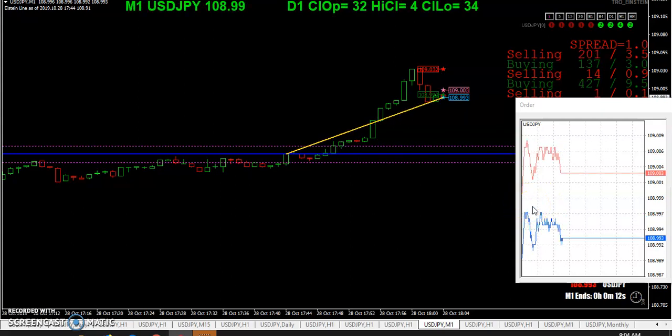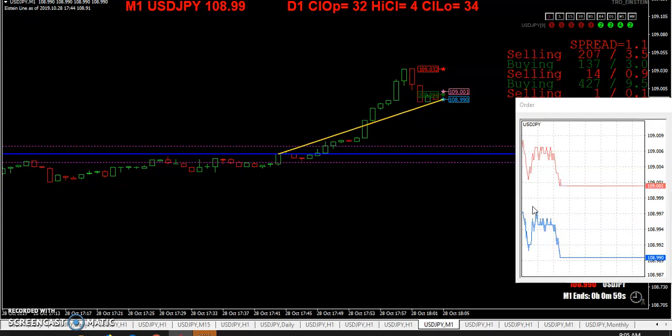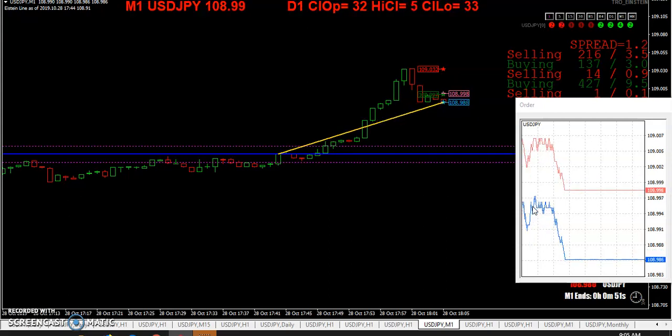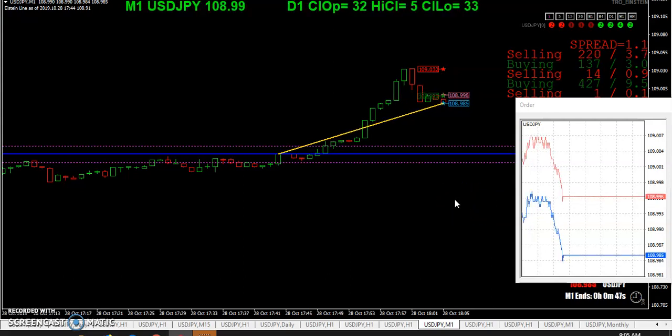And to me, that's key. It's telling me something. It's almost as if they're tipping their hand. They move it almost close enough to entice you to go long, but then they turn around and they drop it again. And so that's how that trick works. See, now we're 5 pips below.